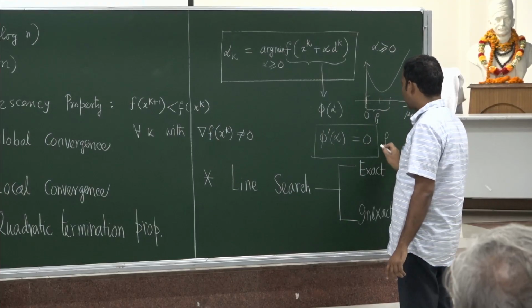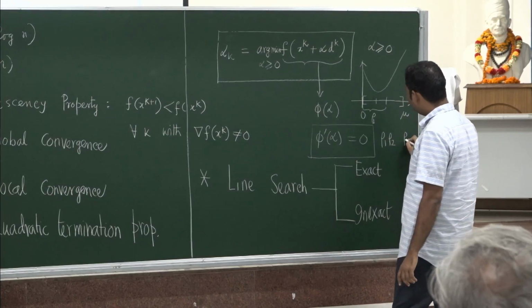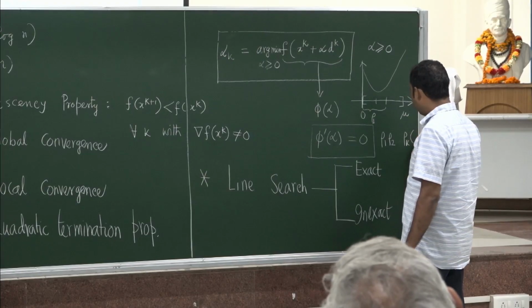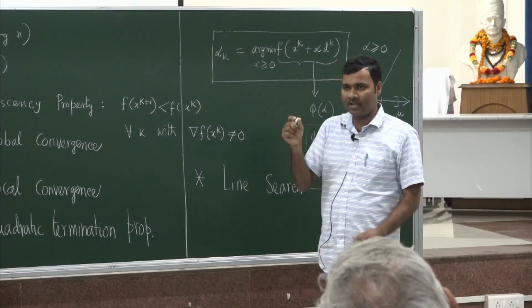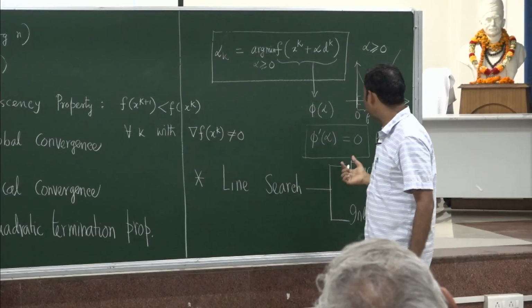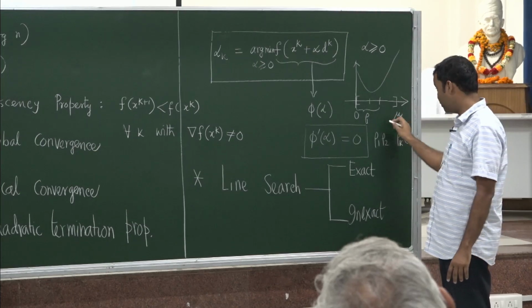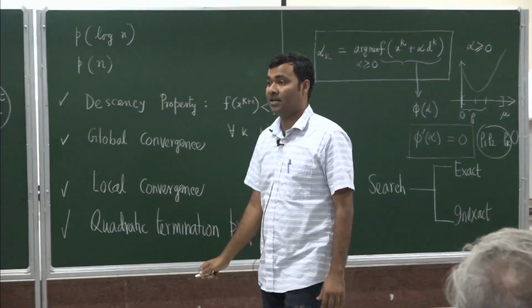So the reduction factor after the kth step will be rho 1, rho 2, till rho k, multiplied by the whole interval length. After the kth step, the interval is reduced to this factor times the original one, and the minimum most value of this one is given only by the Fibonacci numbers.